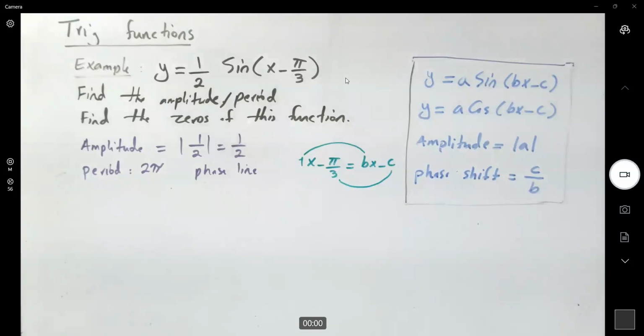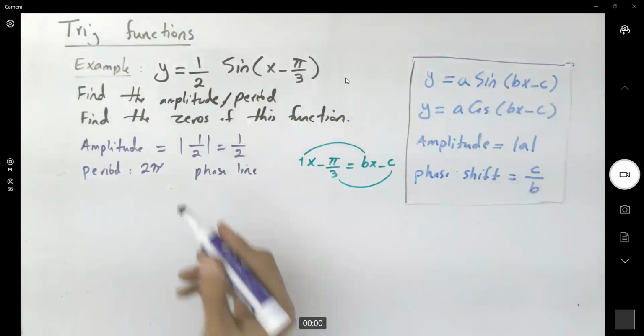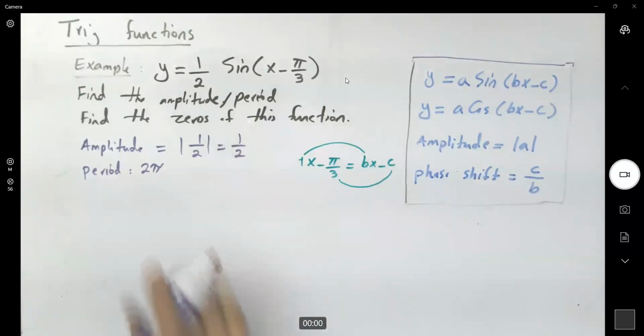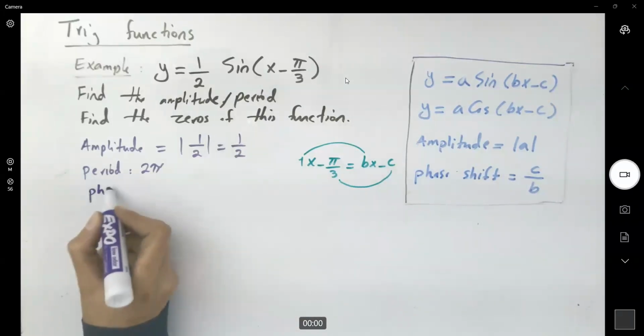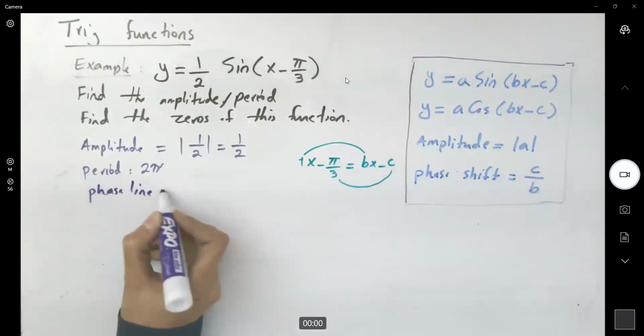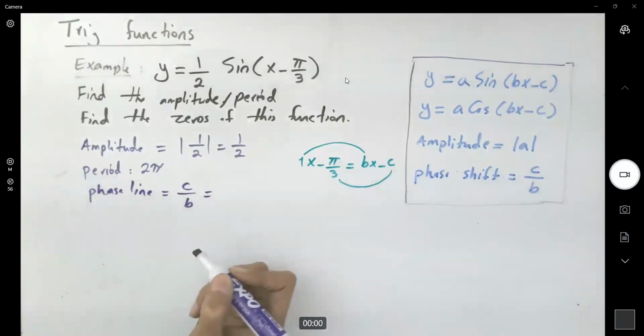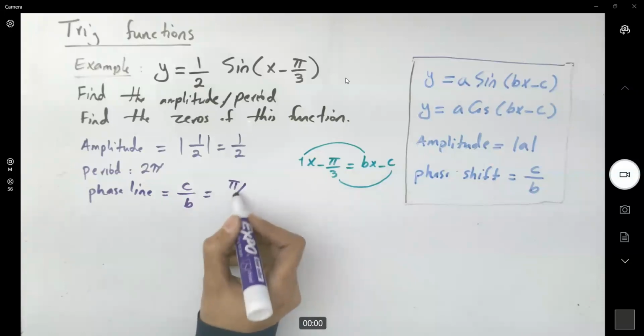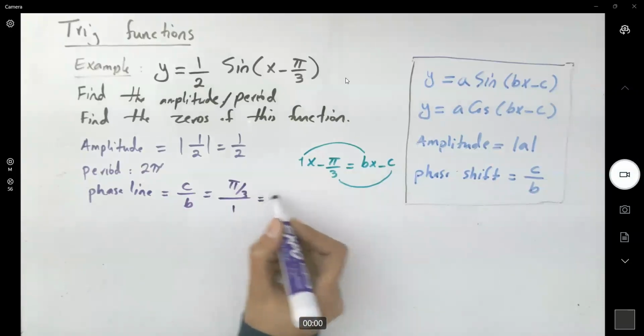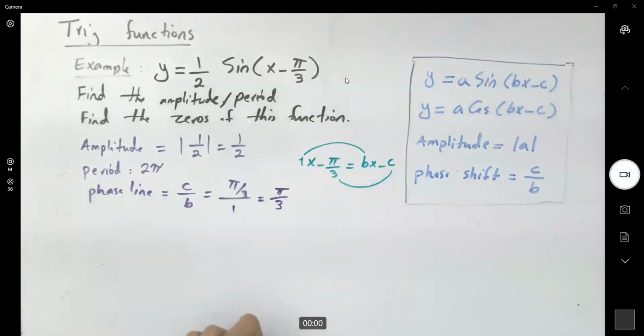So by the definition of phase shift, you have c divided by b. But c is equal to pi over 3, and b is just 1, so the phase shift is pi over 3. This is the information that we have from this function. Let us take a look at decimals quickly and see what is the behavior of this function.